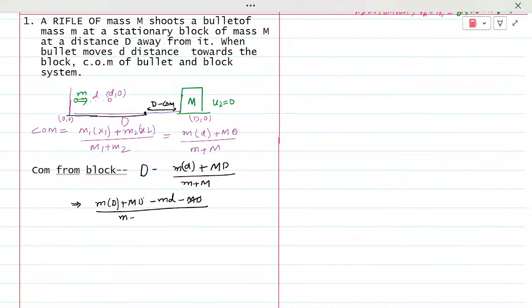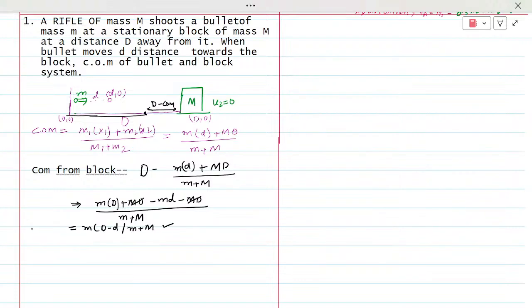Therefore m into capital D minus small d by small m plus capital M is the answer.